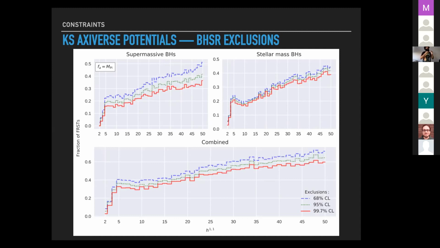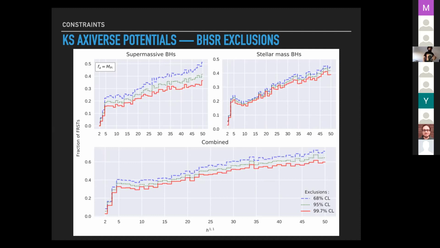So what this plot actually shows, because we've nullified self-interactions, is an absolute upper limit on the exclusions for these various geometries.